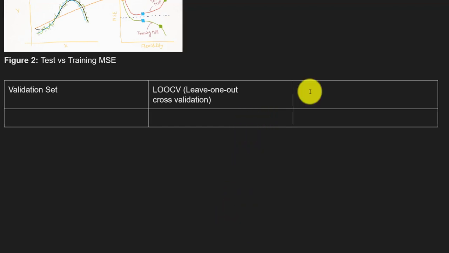And the last one is K fold cross validation. These three different methods have their own pros and cons, so we'll try to see that. First, let us try to understand how they work.